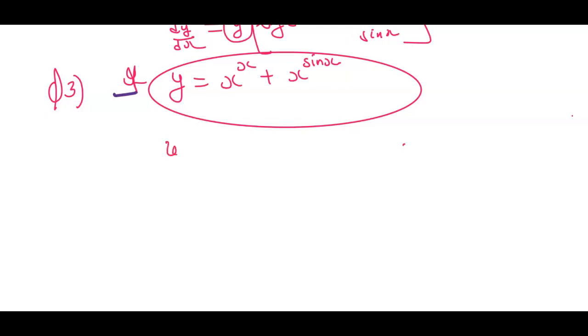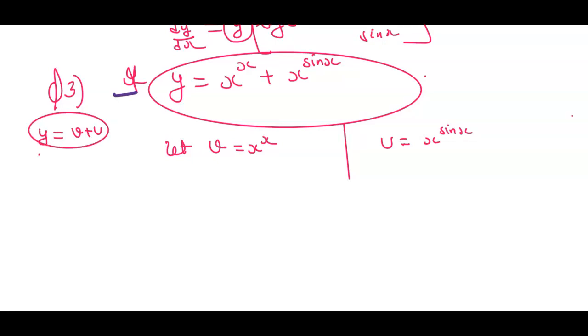We say let v be equal to x to the power x and u is equal to x to the power sin x. Now ideally you are left with y is equal to v plus u, and if you differentiate with respect to x, you'll get dy by dx as dv by dx plus du by dx.